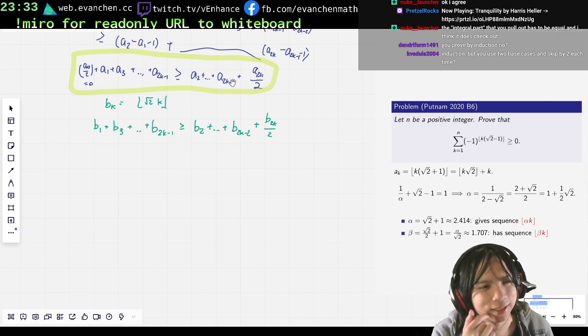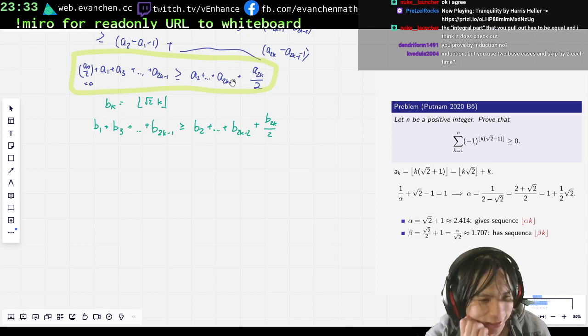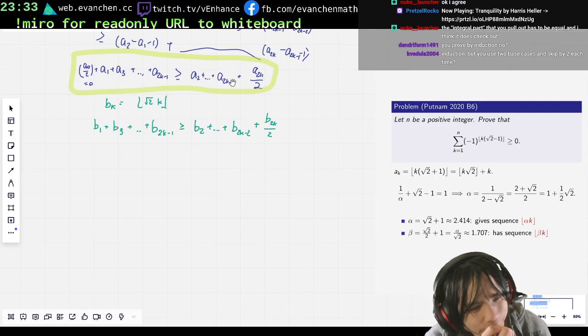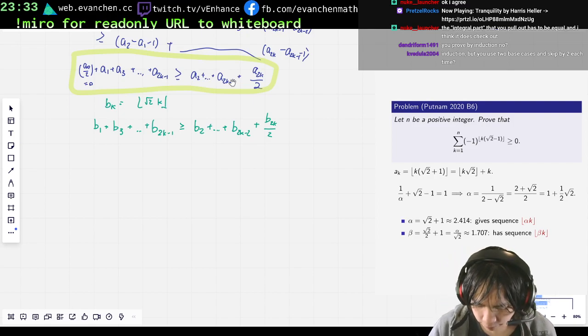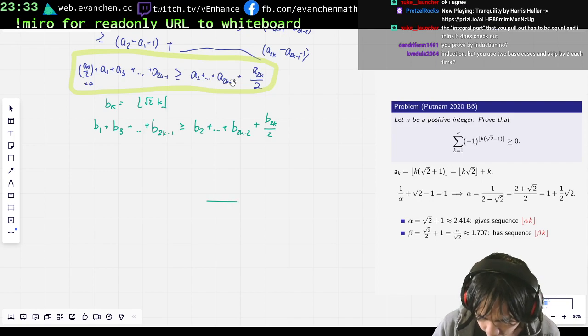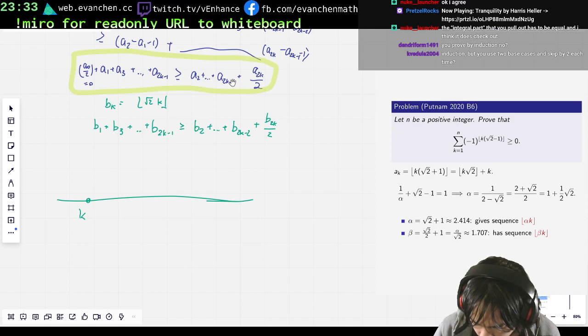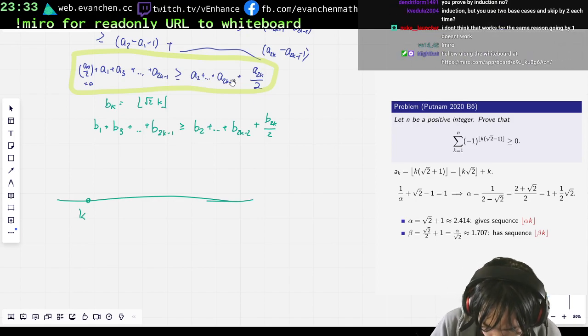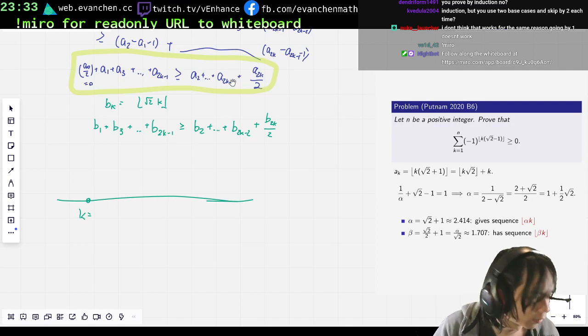Induction, but you use 2 basically and skip by 2 each time. Also can't work. The problem is that we have this thing where we want to show this thing initially, like, let's just say k equals 1 is equality or something. I think it is. Is k equals 1 equality or k equals 0?